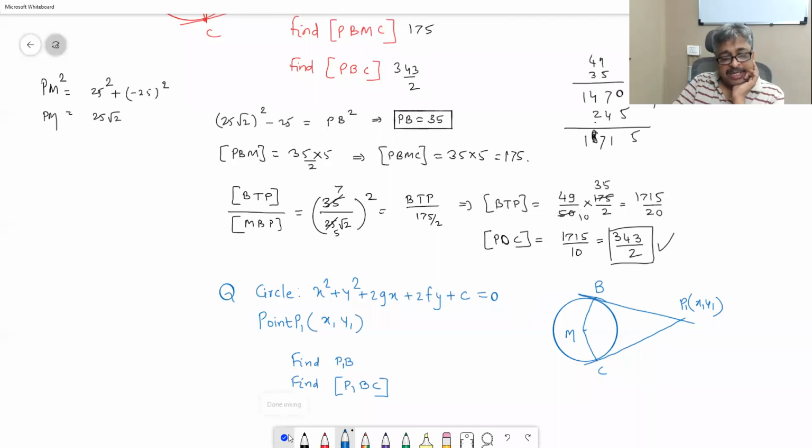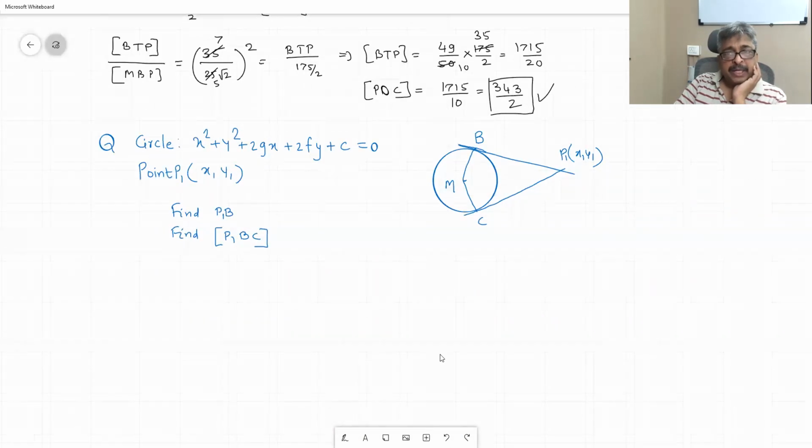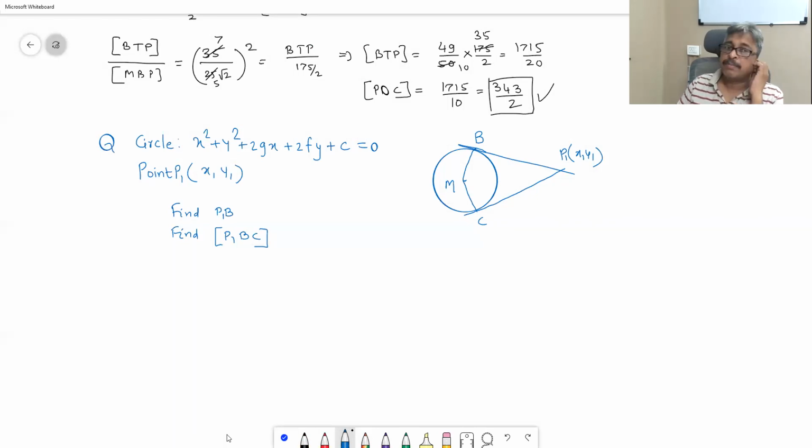If you do exactly the same way, find out the distance between M and P1, that is your hypotenuse, find out the radius MB, and applying Pythagoras theorem, you will get the distance P1B, which is the length of the tangent.